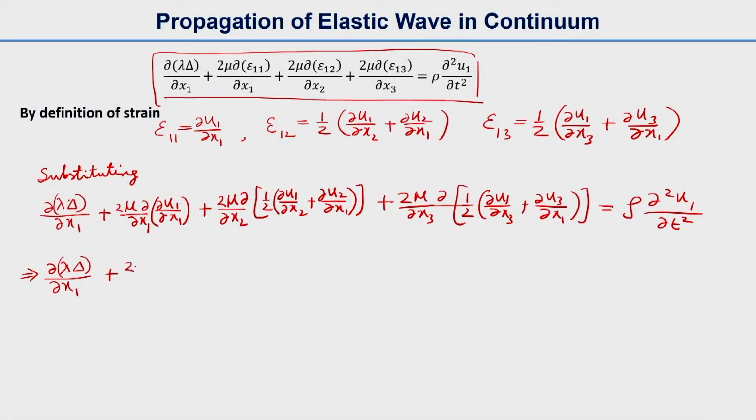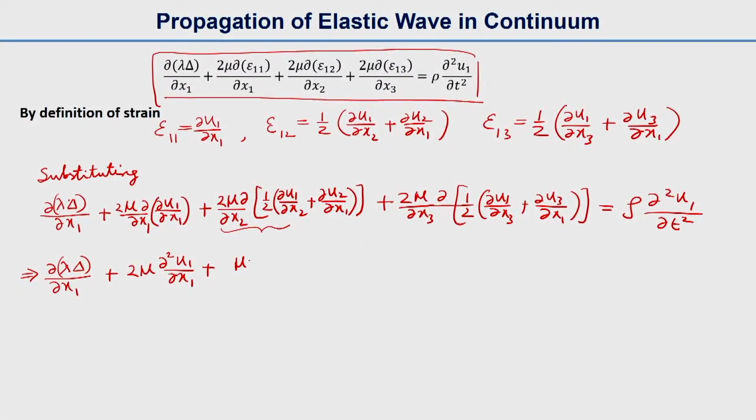The second term we can simplify as the second partial of u1 with respect to x1 plus the second term. The first will not be 2.